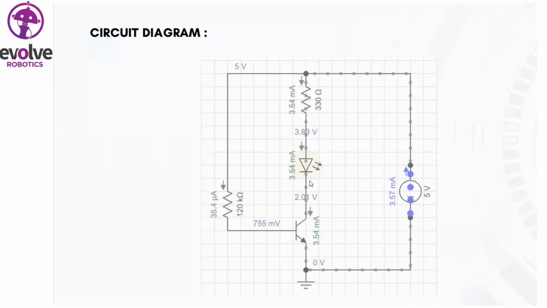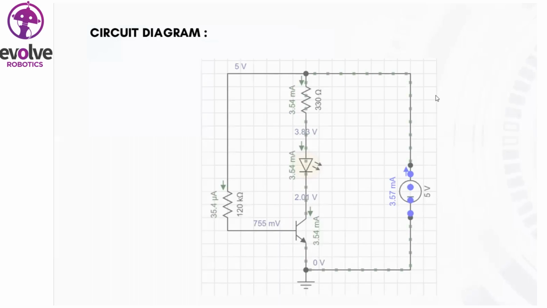The reason is the transistor, because the transistor here is acting like a switch. That means an open switch, the normal switch which is in off state. So the transistor is not going to pass a current flow. So there is no current flow and the LED is not turned on.